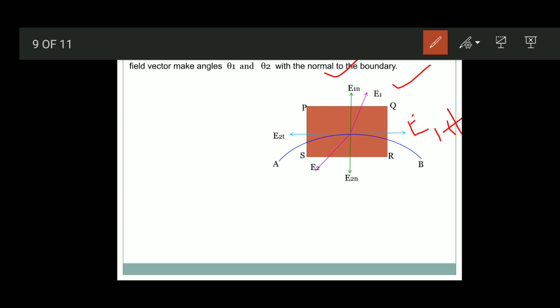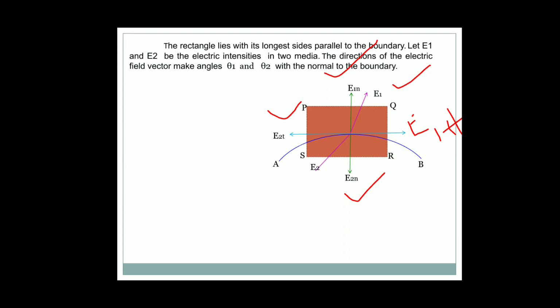Similarly, the normal component of E2 is E2n, equal to E2 cos theta 2, and the tangential component is E2t, equal to E2 sin theta 2. So E1t, E2t and E1n, E2n are different components.